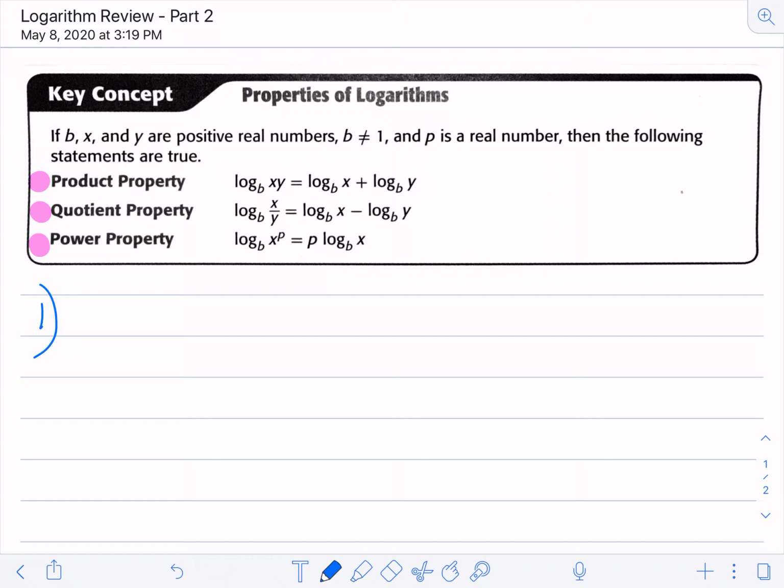So example number 1, if I say I have log base 4 of 3x, well, I can break that apart into two separate logarithms, log base 4 of 3 and log base 4 of x. And those are going to be added together, because it's 3 times x.